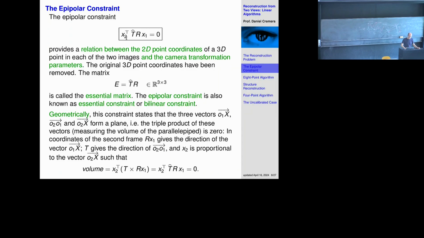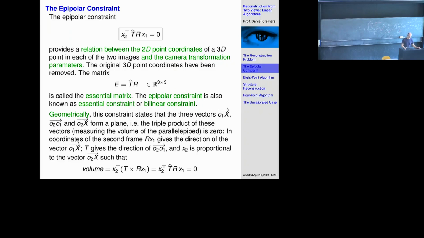Here it is, x2 transpose t hat r x1. t hat is a matrix, r is a matrix, and the product is again a 3x3 matrix. This matrix is called the essential matrix, E. As the name indicates, it has a certain importance.